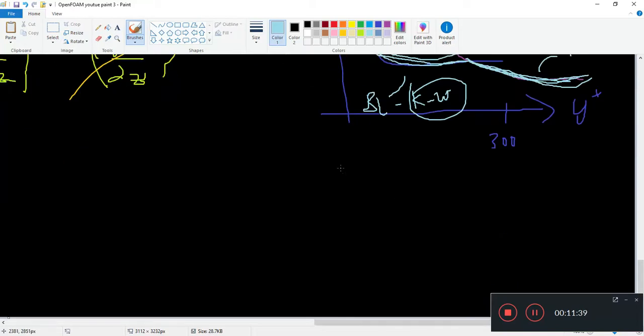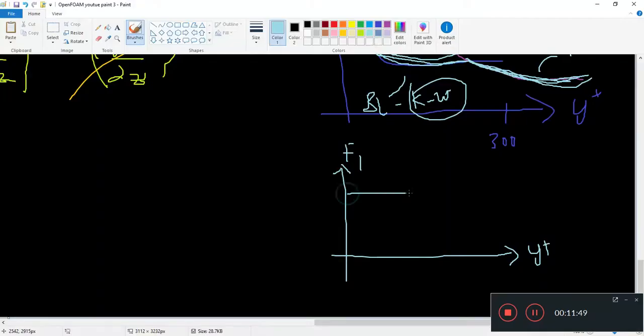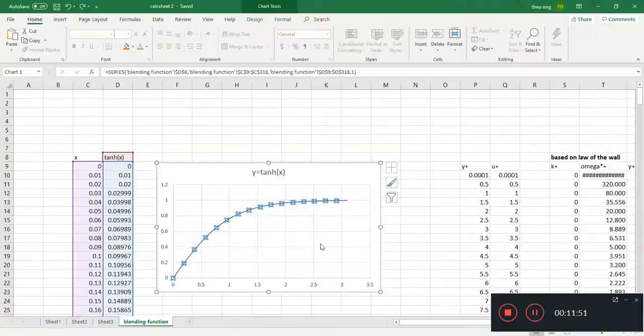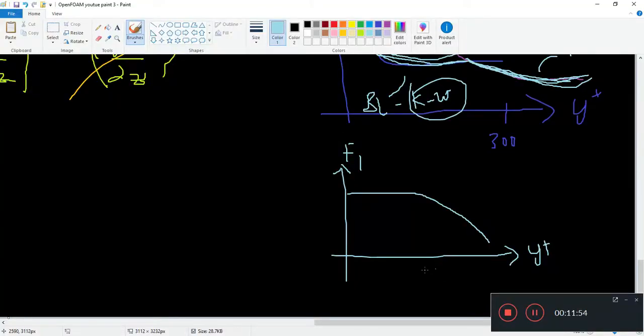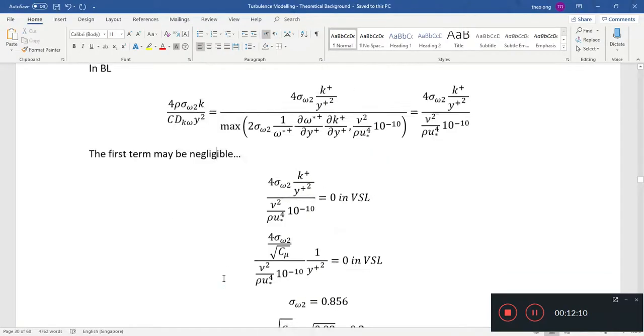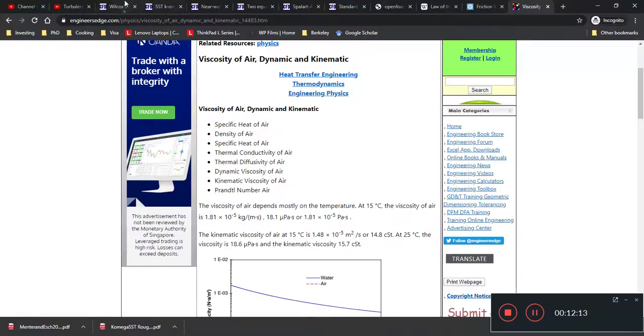So you have F1 and you have y plus here, and you'll have this sort of transition. Roughly, that's the shape of F1 with respect to y plus. So that should be expected. So that is it for our estimation of F1.